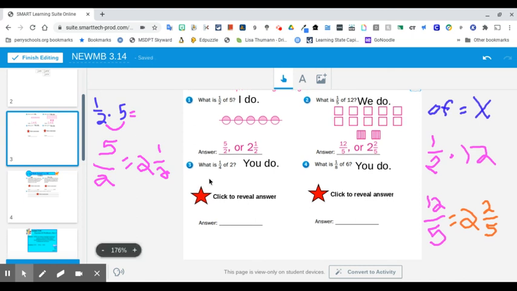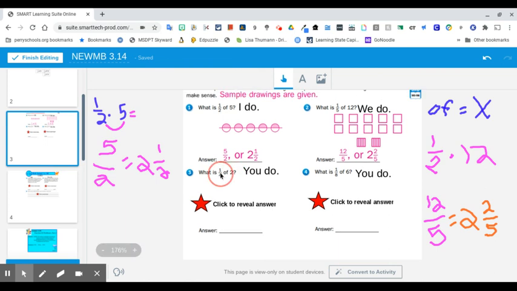So now what I want you to do is try this same process. 1/4 of 2. Remember, you take the whole number divided by the denominator. So this is going to give you an answer. 1/4 of 2. You want to think about, you are taking two things, and you're dividing it into 4 equal groups.